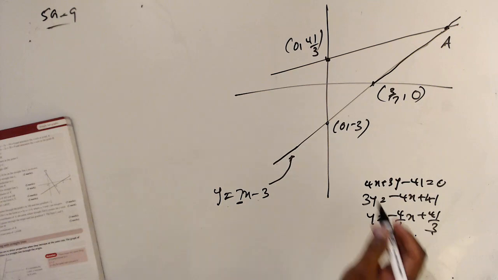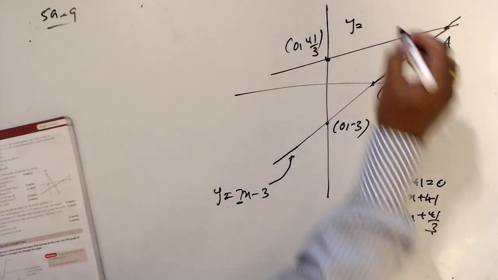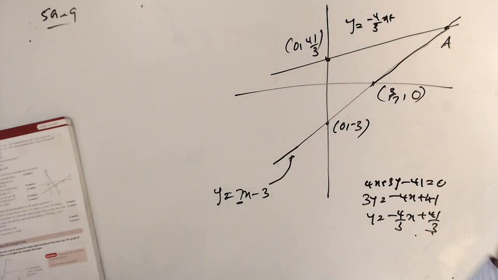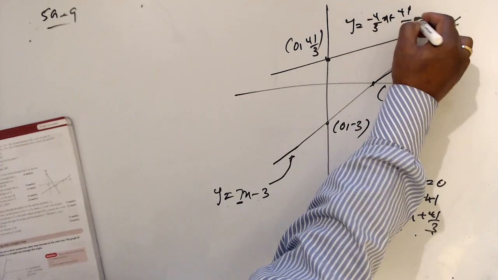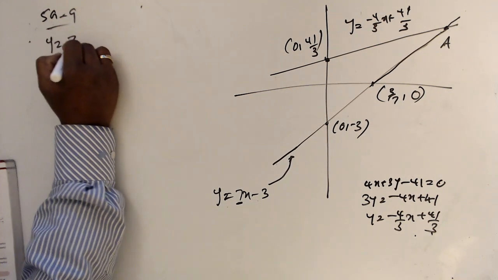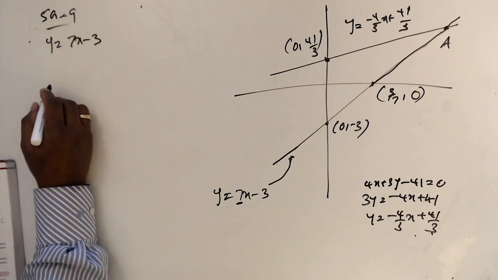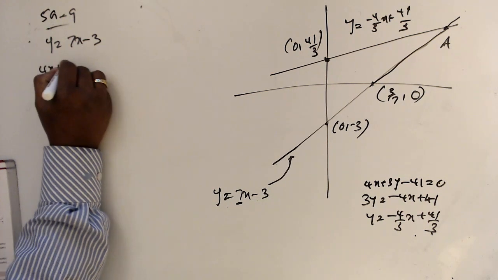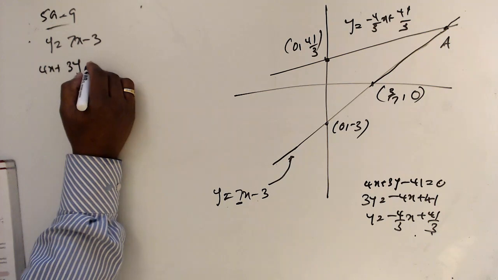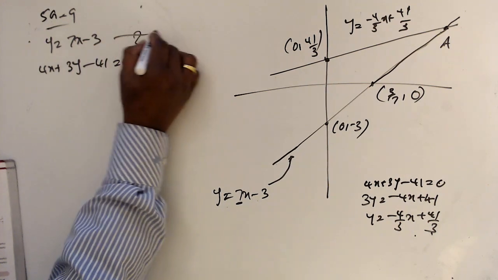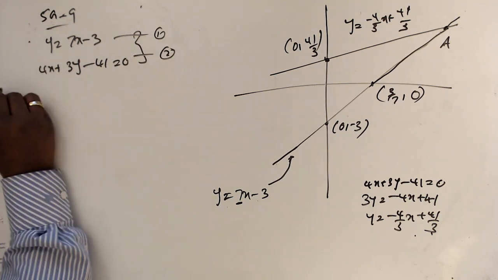This equation is y equals minus 4 over 3 x plus 41 over 3, and y equals 7x minus 3. I will write this as 4x plus 3y minus 41 equals 0. This is 1 and this is 2.